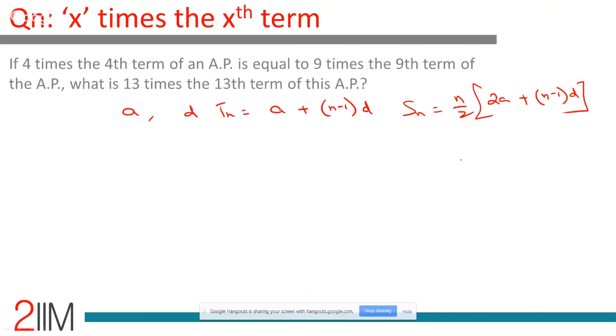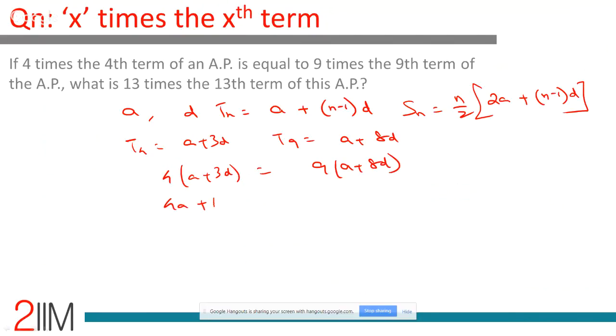4 times the 4th term of this AP: 4th term is A plus 3D, 9th term is A plus 8D. 4 times (A plus 3D) equals 9 times (A plus 8D). 4A plus 12D equals 9A plus 72D.